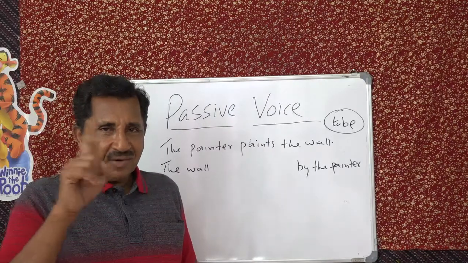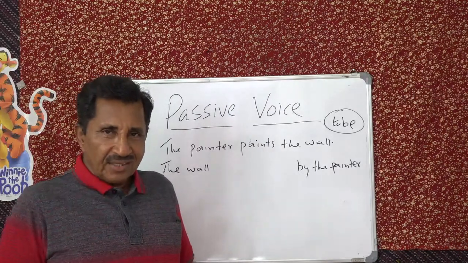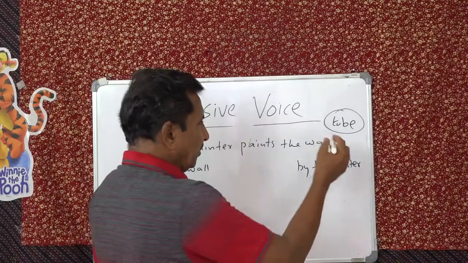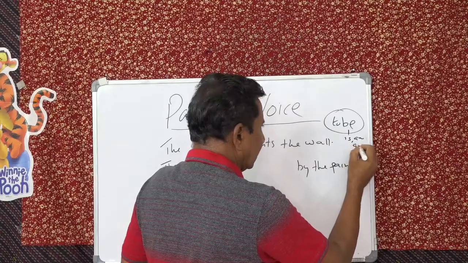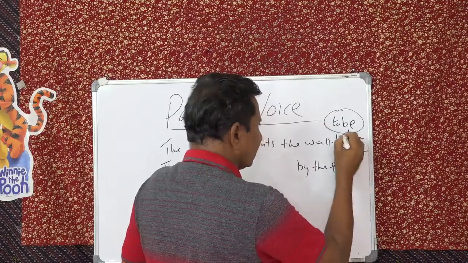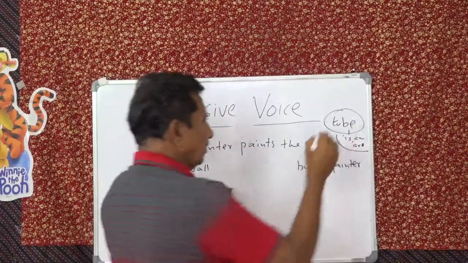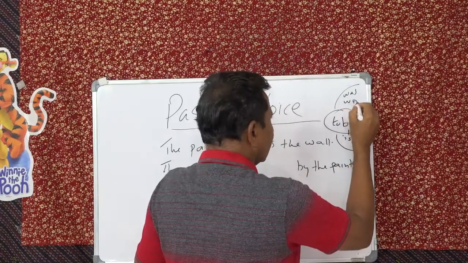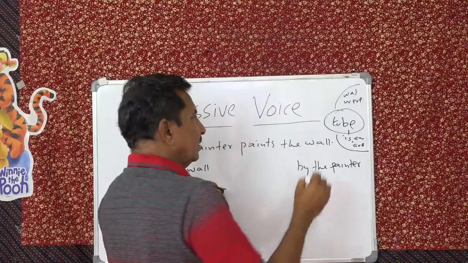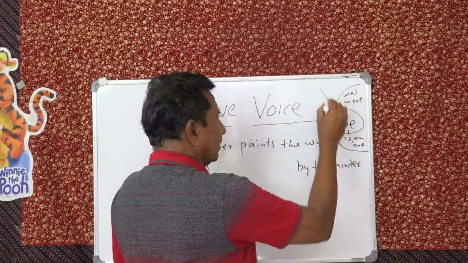You remember the different forms of the verb to be, isn't it? The present forms are am, is, are. These are the three present forms. Past forms, you know, was, were. And two participle forms.